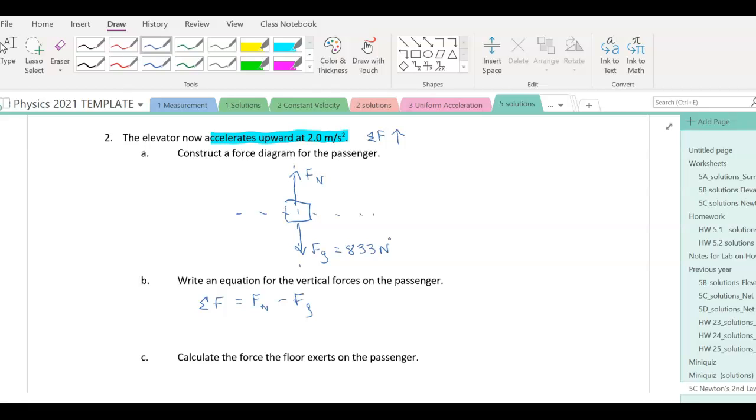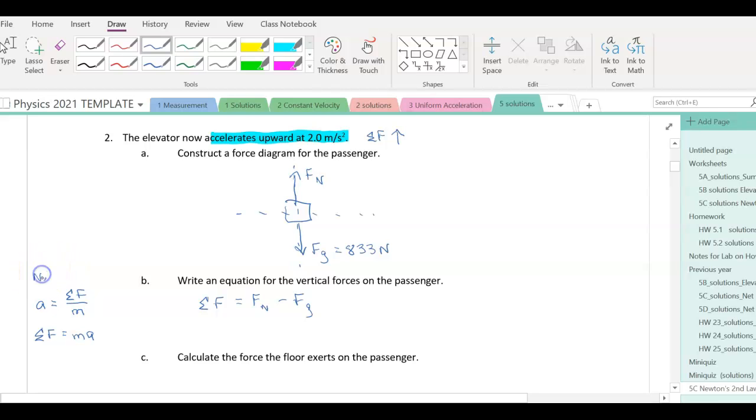But we learned another equation that involves net force. That is that acceleration is the net force divided by the mass. And so I could shift this around to solve for net force. That would tell me net force equals the mass times the acceleration.